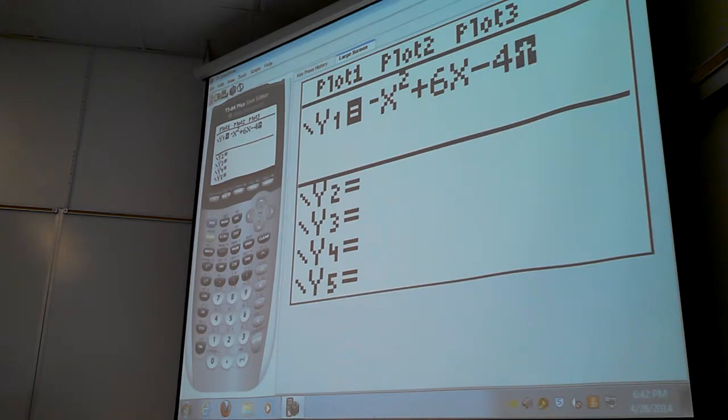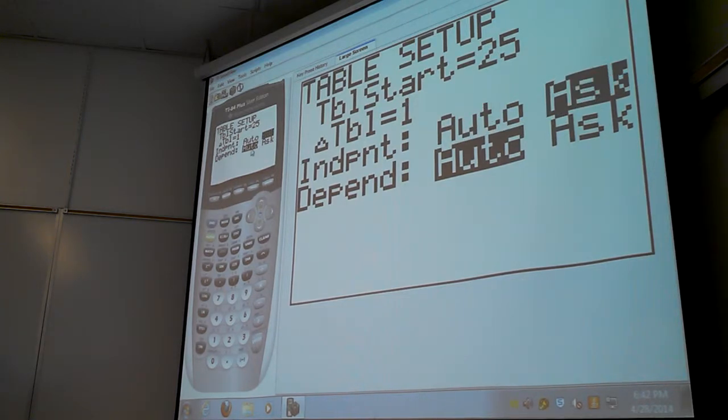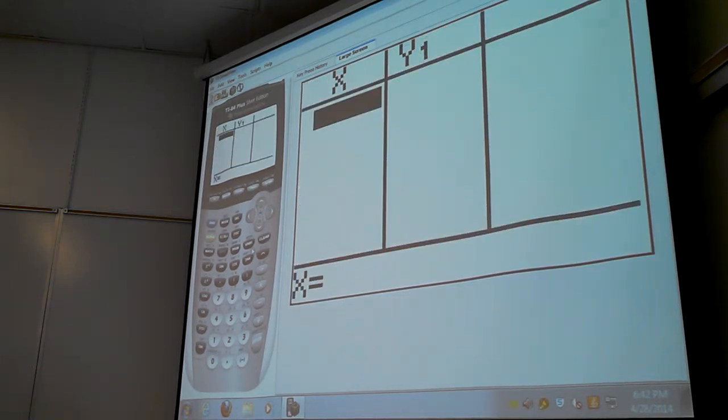Go to table setup, right there above window. Make the independent variable ask and the dependent auto. Now you can just plug in your x, so you can find things very quickly. This is the quickest way to do it.